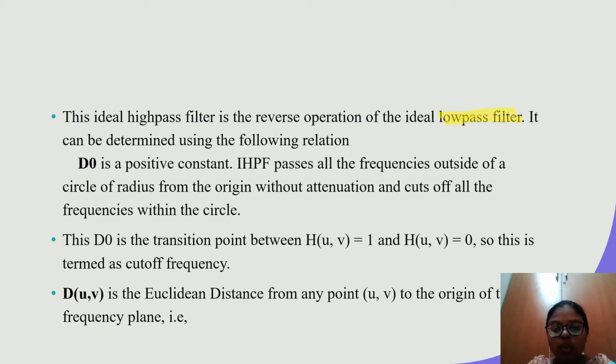You have to note this: the transition between H of u comma v equal to 1 and H of u comma v equal to 0 is known as the cutoff frequency. This is more important, note this point. Then D of u comma v is the Euclidean distance from any point u comma v to the origin. This is the formula for the next step.